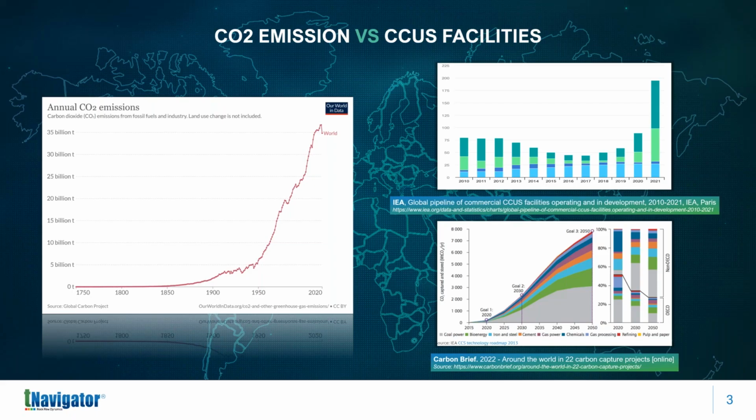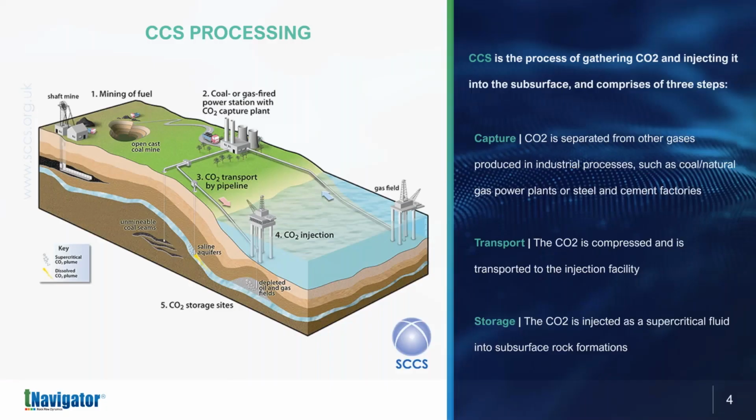So going further, just to mention briefly the key aspects of CCS processing. It can be divided into 3 stages. The first one is a capture of produced CO2. The CO2 can be captured from the plant, from the mining.